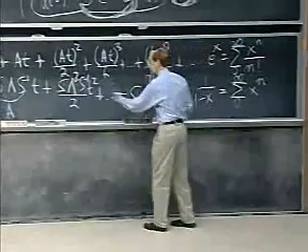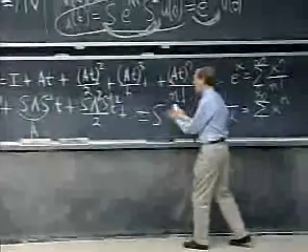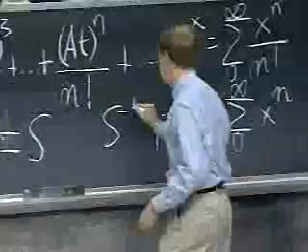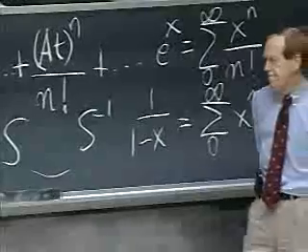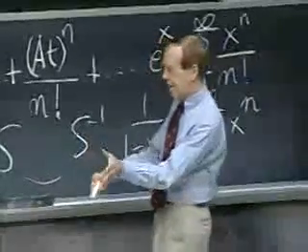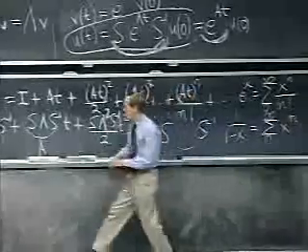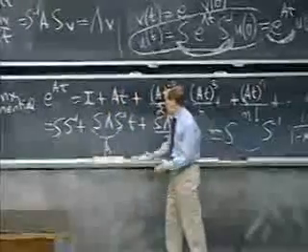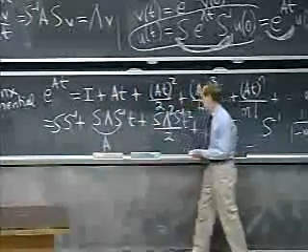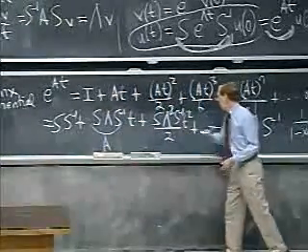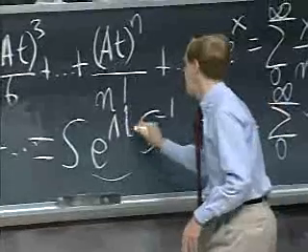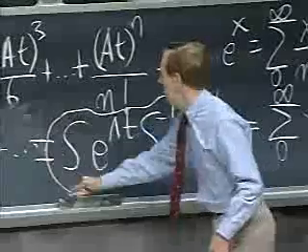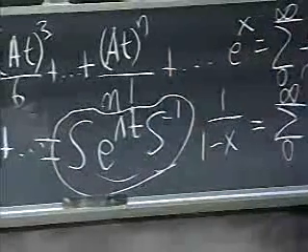So I have an S there and an S inverse from this side, and what have I got in the middle? If I pull out an S and an S inverse, what have I got in the middle? I've got the identity, a lambda T, a lambda squared T squared over 2. I've got e to the lambda T. That's what's in the middle.